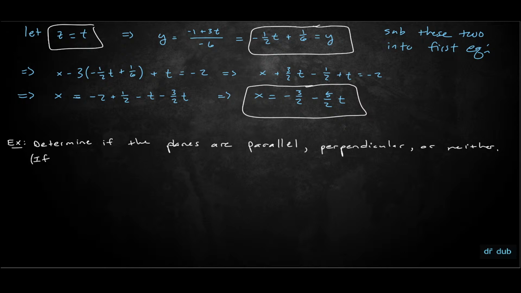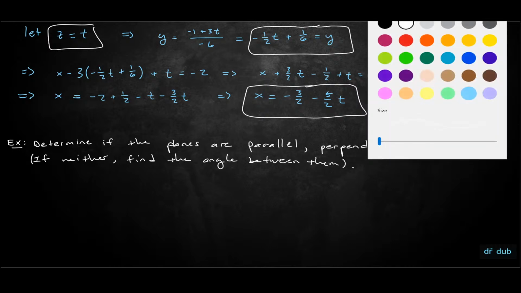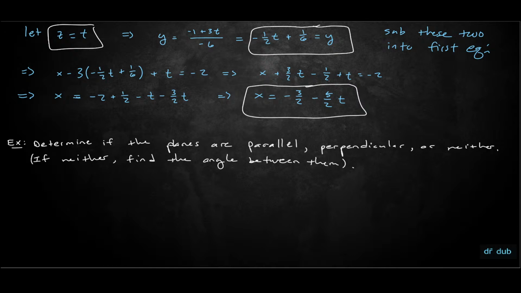If neither, find the angle between them. So the planes could be parallel, perpendicular, or neither. And we have two planes here.